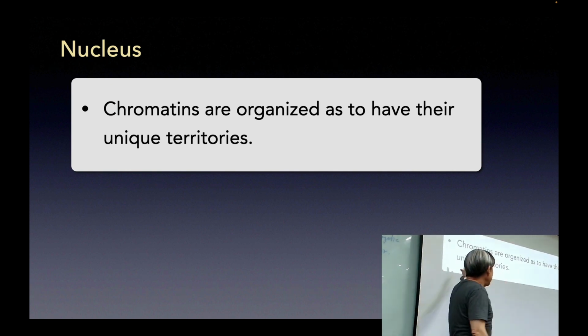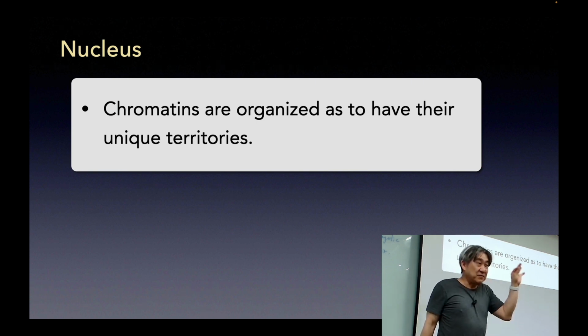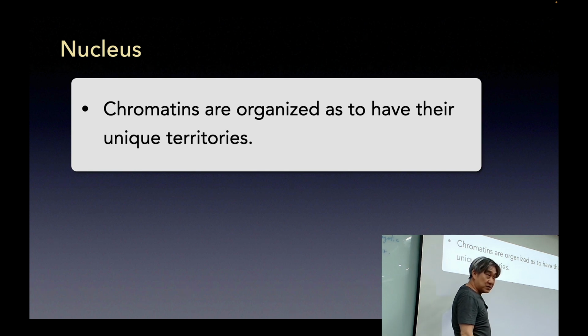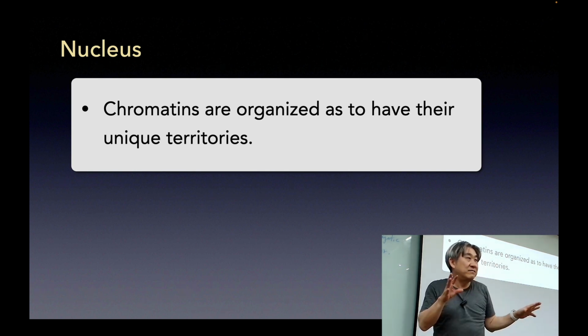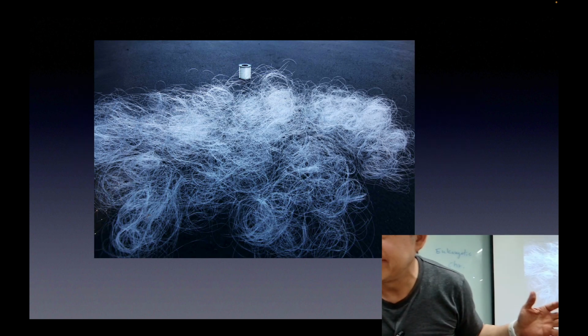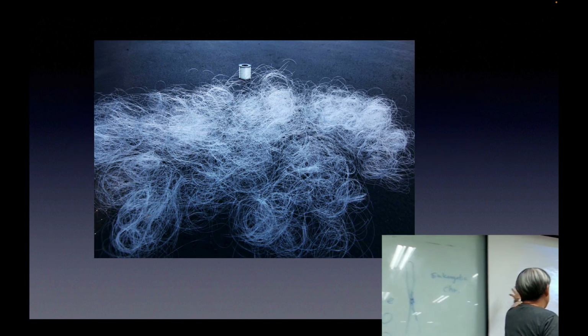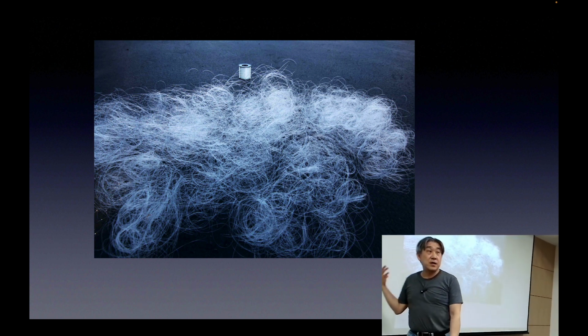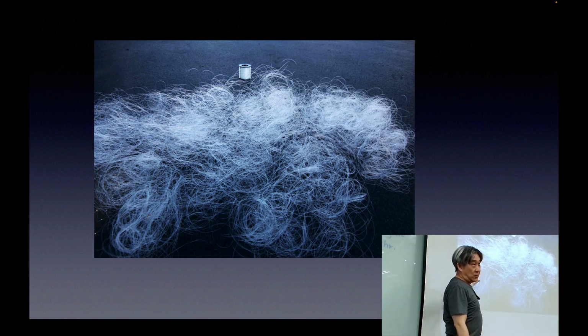So such different chromosomes exist in the form of chromatin. You would think these chromosomes are all mingled together, since they are chromatin anyway, loosely organized.